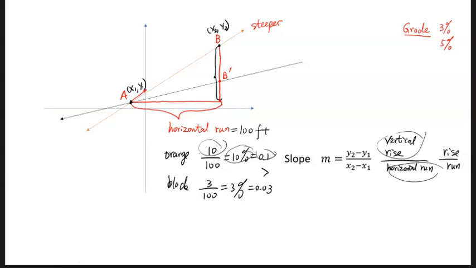I'm going to try to avoid negative numbers because it's going to be a little difficult for us to understand. So I'm going to just say this is 2, 3, and this is 4, 7.